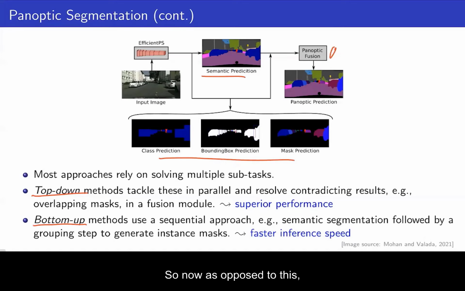Now, as opposed to this, bottom-up methods take a sequential approach. First we perform semantic segmentation, followed by a grouping step to generate the instance masks. An advantage of the bottom-up methods is that they have faster inference speed as opposed to top-down methods. But top-down methods give us much better, superior performance than the bottom-up methods.